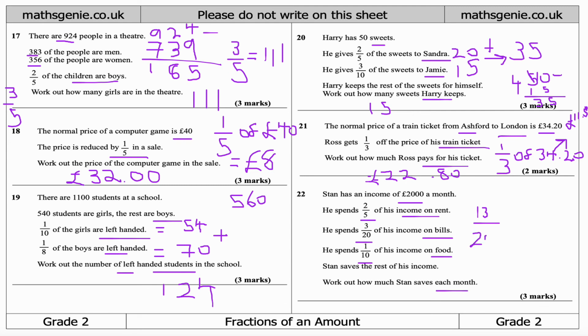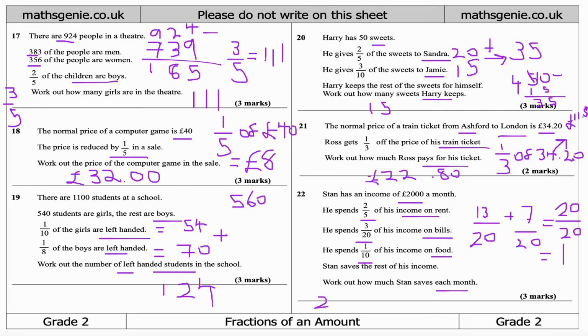Now 13/20 plus 7/20 is 20/20, which is equal to 1. So we're essentially going to work out what 7/20 of 2,000 is, because that's how much of the fraction is left over.